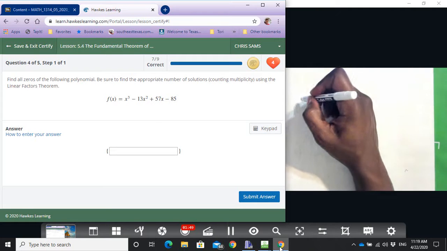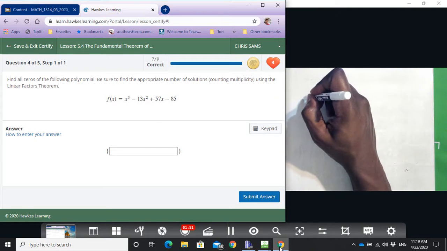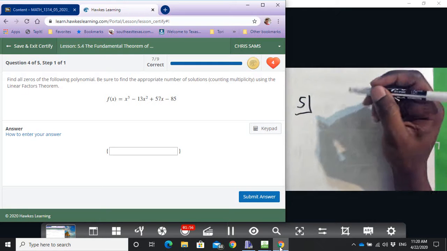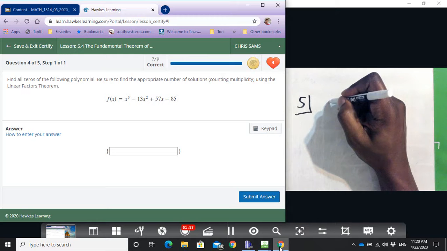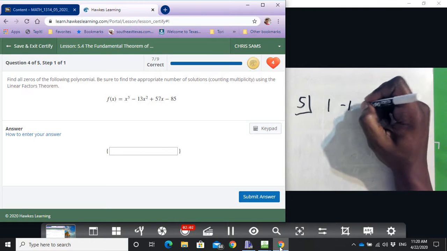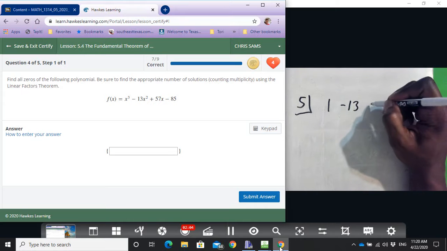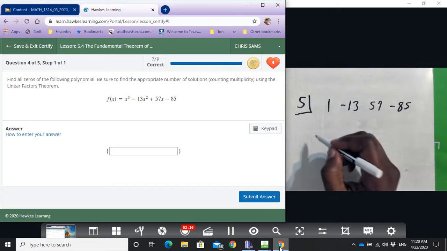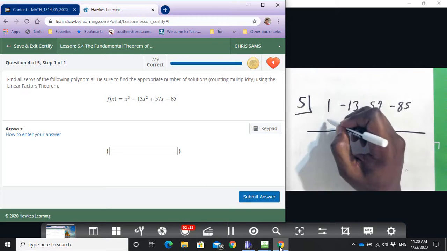All right. So 5 is my box number. That's what I'm thinking my zero is. I'm going to list the coefficients: 1, negative 13, 57, and negative 85. Bring down the first term.